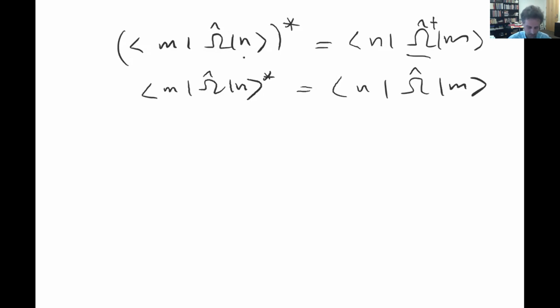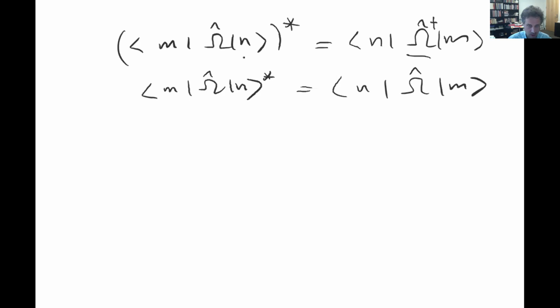Okay, so you can see if the following is true, if I take the complex conjugate of the expression on the left, I switch labels, but the operator is the same in both cases. It doesn't change its sign, so to speak, or the Hermitian conjugate sign. It's the same as before.